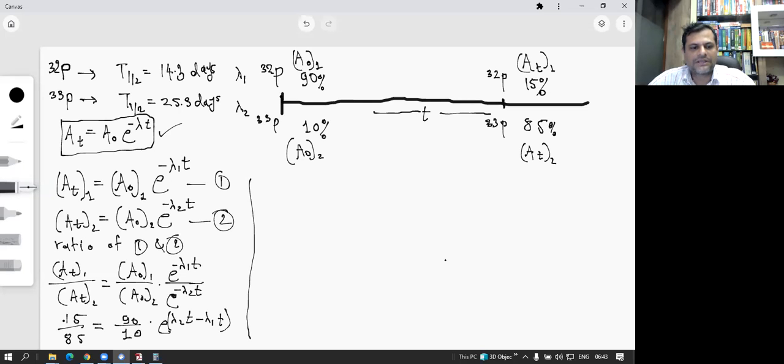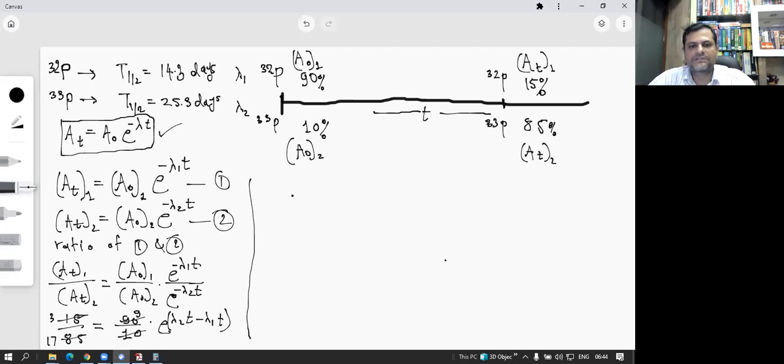Here we can cancel 15 and 85 by 5, and we are left with 3 and 17. And 10 and 90 can also be cancelled, leaving behind 9 in the numerator.